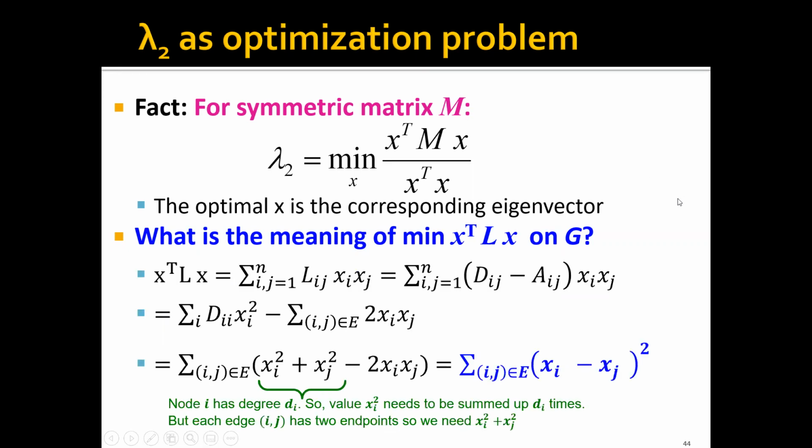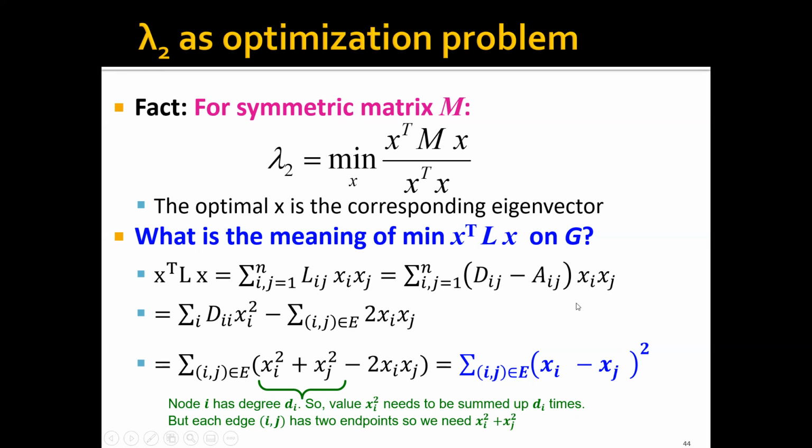We can see that x transpose L x is equal to a double sum over Lij times xi times xj. Since the Laplacian matrix is equal to the degree matrix minus the adjacency matrix, D minus A, this Lij is equal to Dij minus Aij.